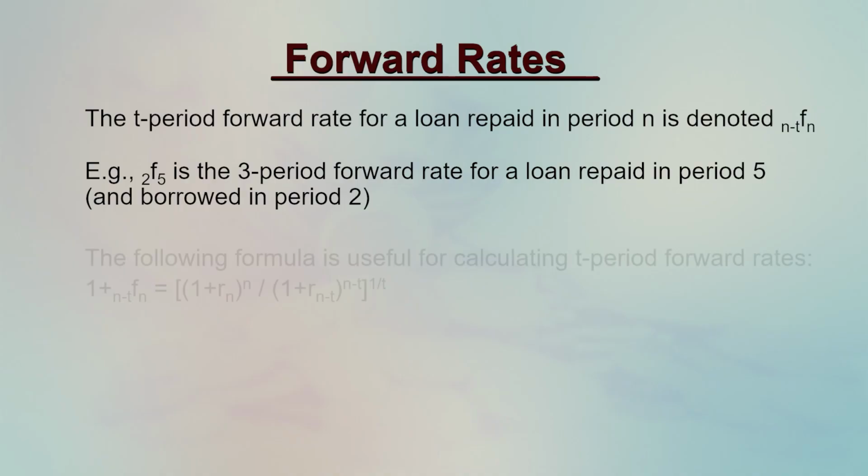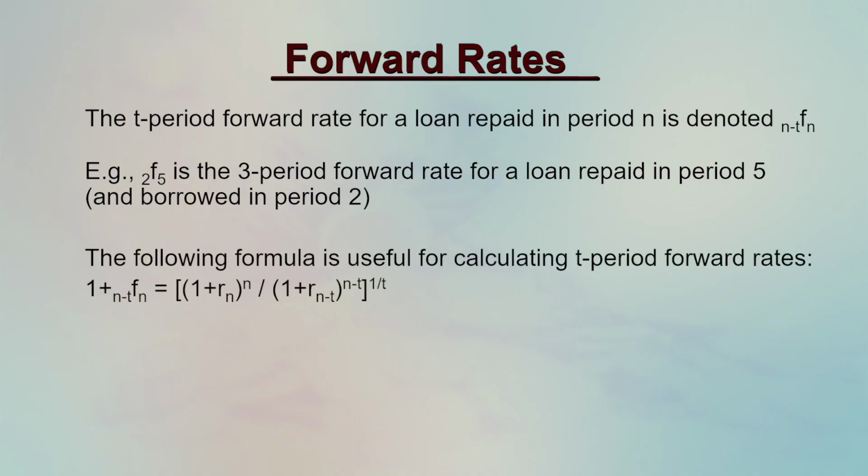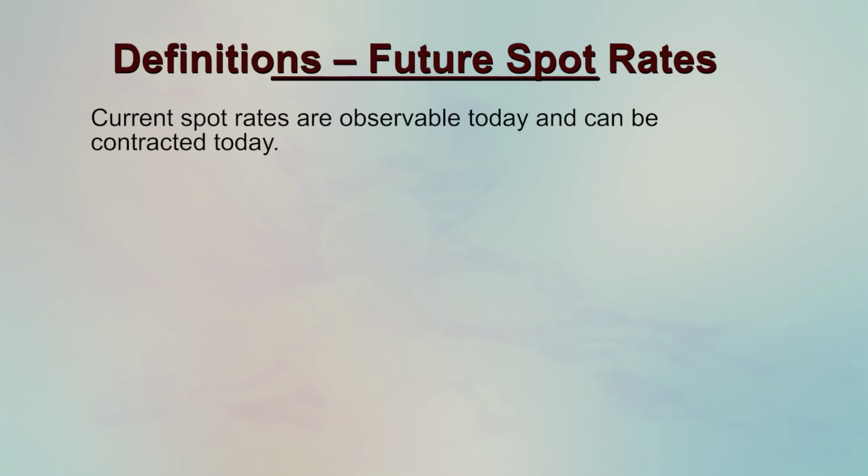So in the same manner, the forward rates can be determined when the data is presented, based on the above formula. So this gives rise to many other examples of the future rates and the spot rates, but also we can have a spot rate at a future date. That means current spot rates are observable today and can be contracted today.